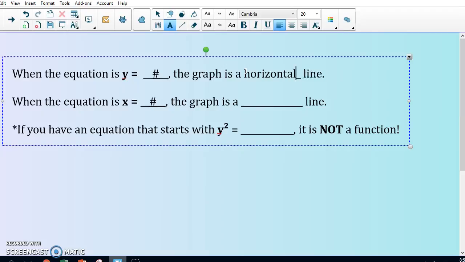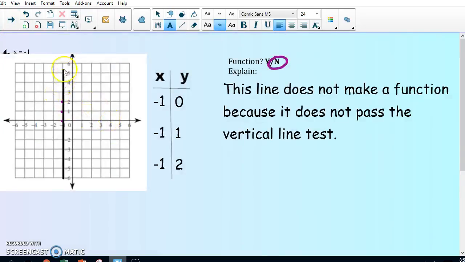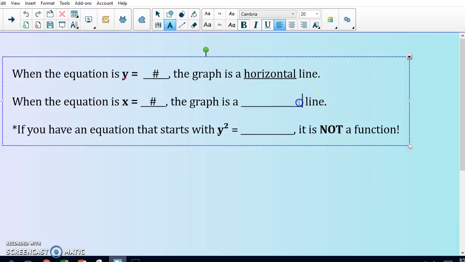So fill in the word horizontal on your paper. A horizontal line when you have y equals. When it was x equals a certain number, the line that was created was a vertical line. So on your sheet, insert the word vertical.